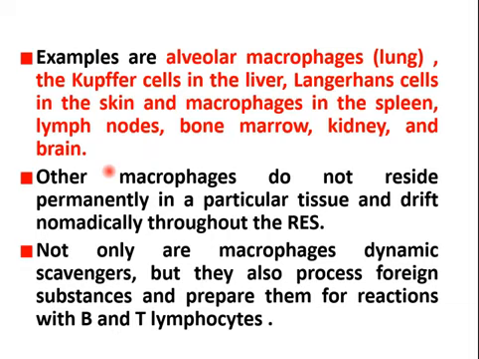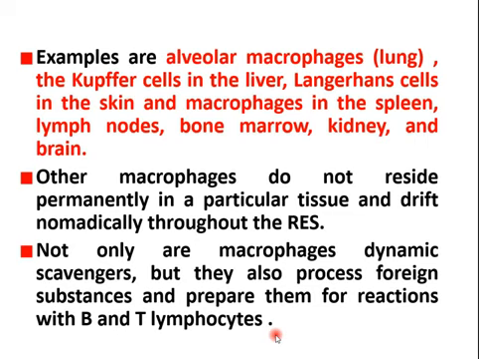As an example, in lung we call them alveolar macrophages, Kupffer cells in the liver, Langerhans cells in the skin, and macrophages in other tissues like spleen, lymph node, bone marrow, kidney, and brain. Other macrophages do not reside predominantly in a particular tissue.